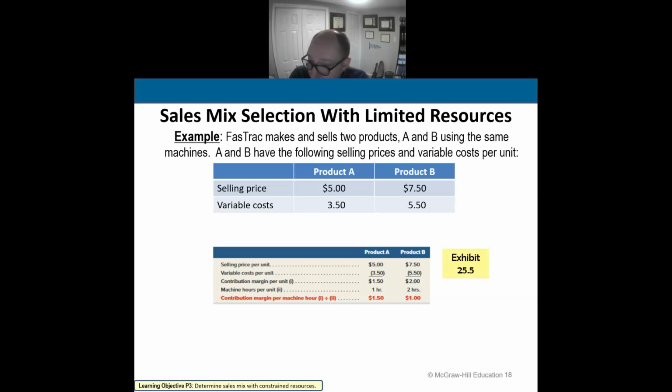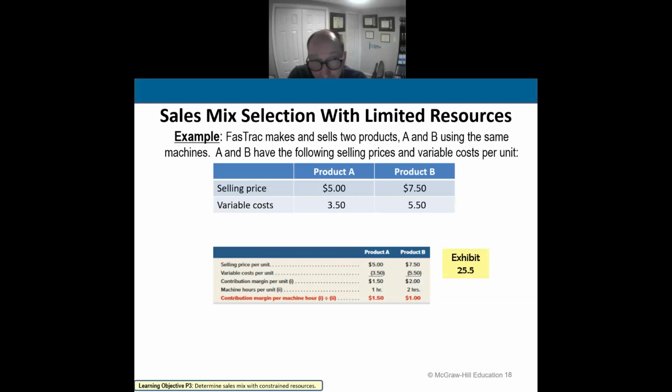You take your sales price minus your variable cost. And we do that for each type of product that we sell. So for product A, $5 minus $3.50 is $1.50 contribution margin. For product B, $7.50 minus $5.50 is a $2 contribution margin. Okay, that's good.